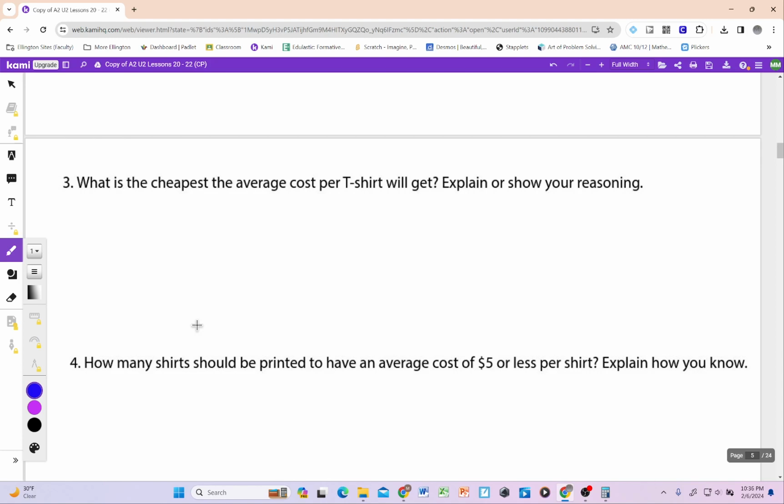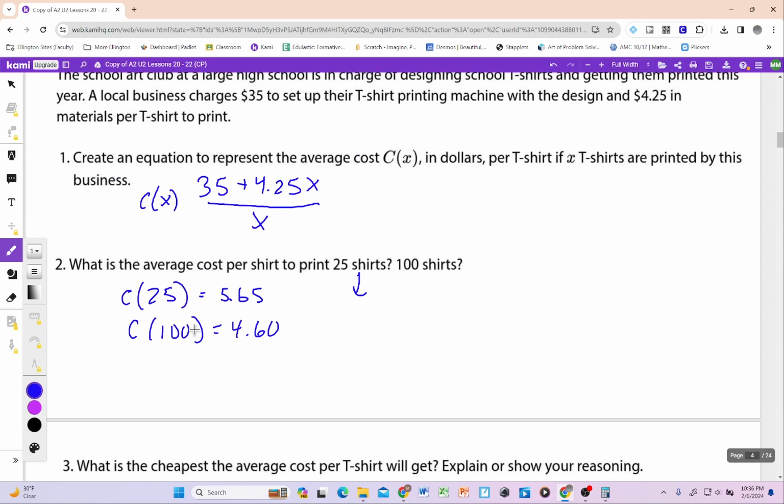So we could try to do a little bit of math here. One way you can think about it is, well, what happens if I buy a zillion t-shirts? But I want you to think about this. Go back up to the function and let's logically think about it. It says local business $35 to set up their t-shirt printing machine. So that's costing money. $4.25 in materials per t-shirt. So if we're already paying $4.25 per t-shirt, can we pay any less than that?